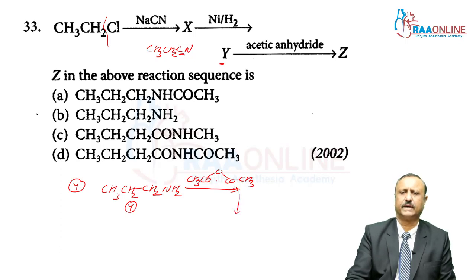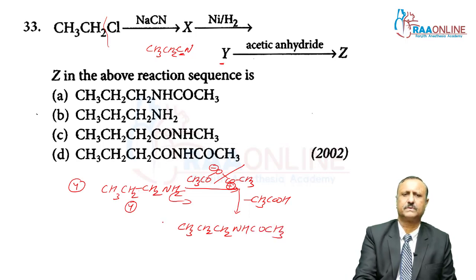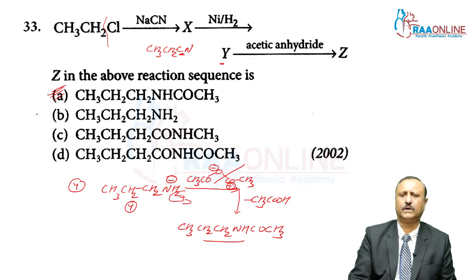When it dissociates in this way, you get the positively charged acylium ion and the acetate ion. The acylium ion attaches by the removal of H plus ions, and you get acetic acid and CH3CH2CH2NHCOCH3. So the answer is A. The H plus ion is removed and acetic acid is formed, and the negatively charged NH group attaches to the positive charge and forms an N-alkyl acetamide, N-propyl acetamide.